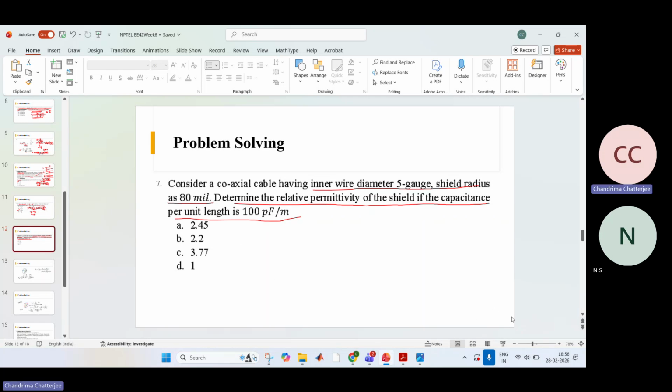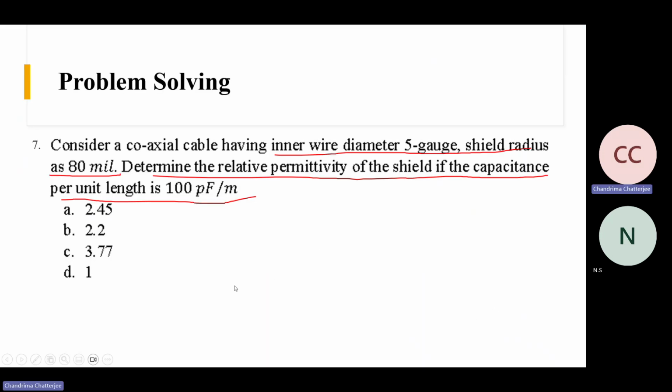Okay, so what is the question? The question is: determine the relative permittivity of the shield if the capacitance per unit length is 100 picofarad per meter. So we just saw how to find out the per unit length capacitance.